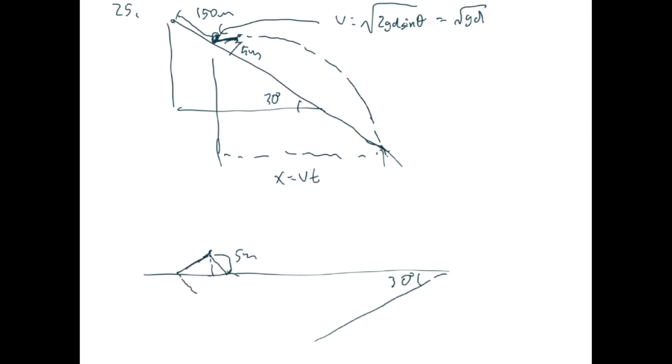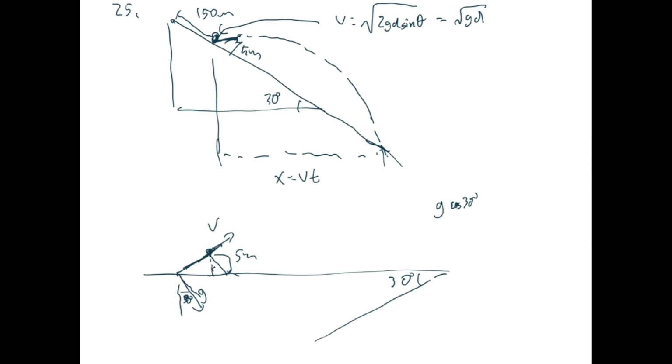So remember our frame's rotated, so we're going to have gravity at a slight angle. This is 30 degrees. So the effective gravity in the y direction is g times cosine 30 degrees. And the skier is launched from this point and has velocity v that we calculated earlier.